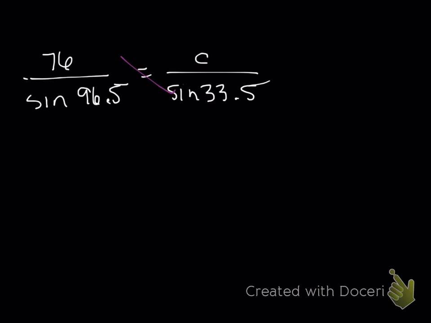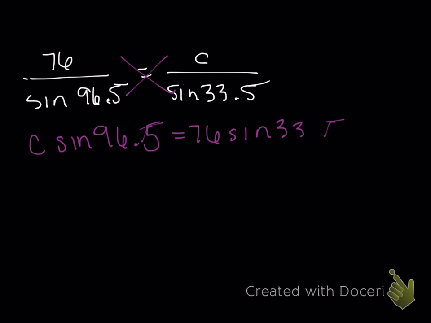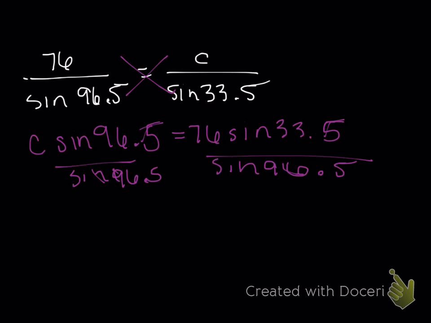So we will cross multiply, and I'll get C sine of 96.5 equal to 76 sine of 33.5. And then we'll divide both sides by sine of 96.5.